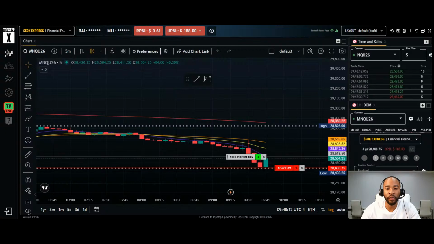And if I do get in for the reversal, I'll place my stop loss down here. I'm down $189, close to 200 bucks. And it looks like we're about to break above the previous resistance level. My trade may stop out, but we can always pivot and get back in.